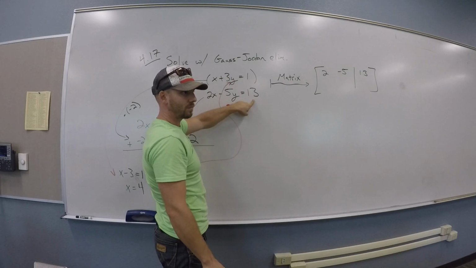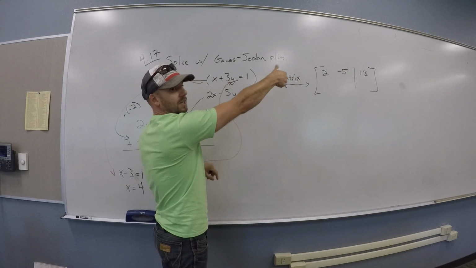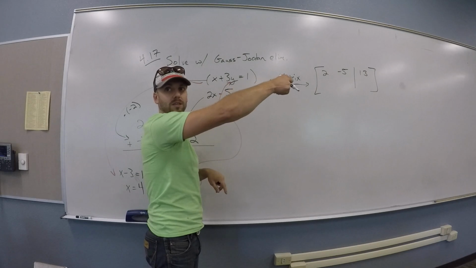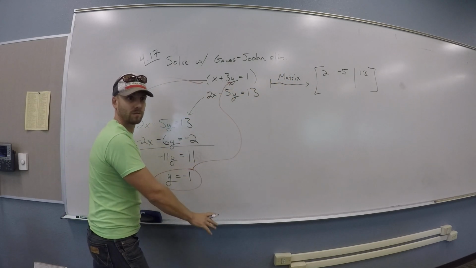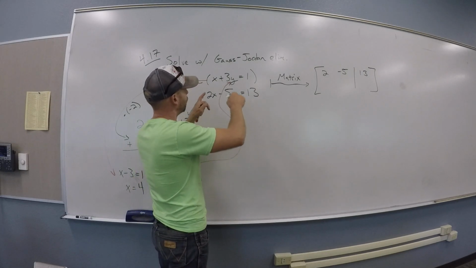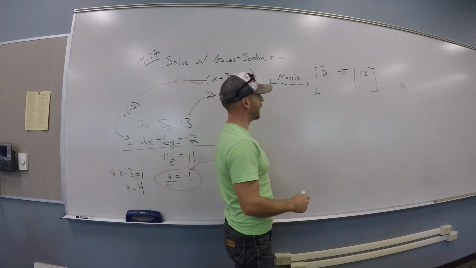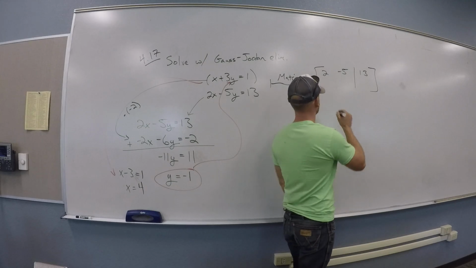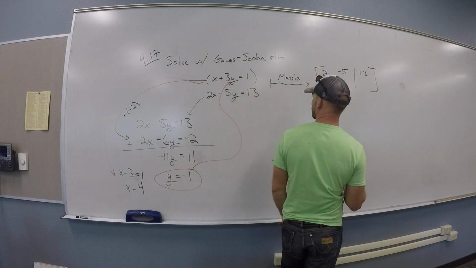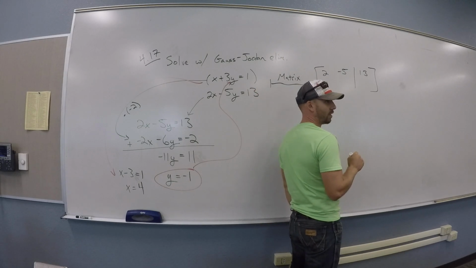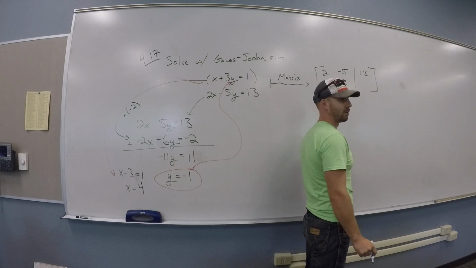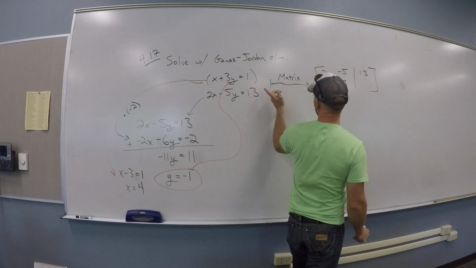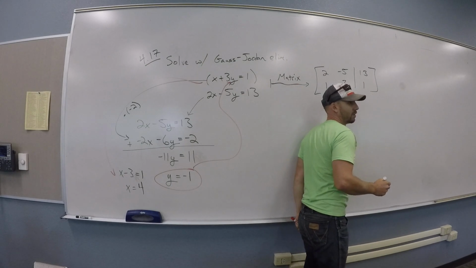The reason I'm flipping this is just that I want you guys to see this. So the top equation, what's the coefficient on x? 1. What's the coefficient on y? 3. And the number on the other side is 1.